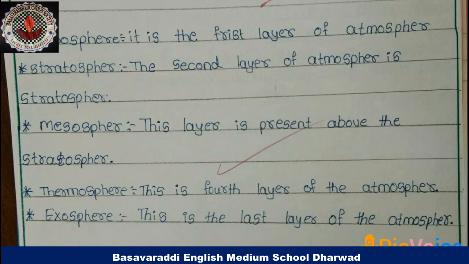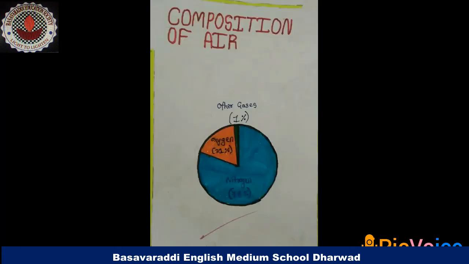Troposphere, it is the first layer of atmosphere. Stratosphere, the second layer of atmosphere is stratosphere. Mesosphere, this layer is present above the stratosphere. Thermosphere, it is the fourth layer of the atmosphere, and exosphere, this is the last layer of the atmosphere.